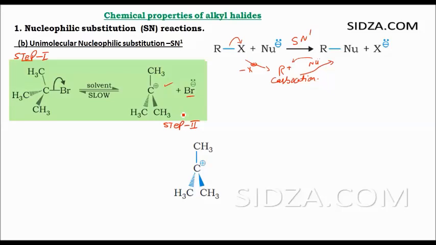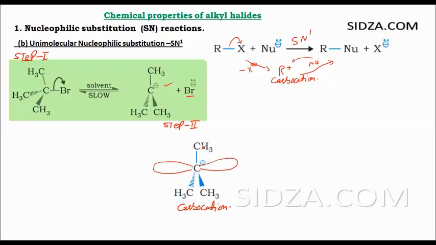But when you look at the carbocation, it has a hybridization of sp2, right? This carbocation, the intermediate here, has the hybridization of sp2. So that means one of the p orbitals remains unhybridized, and that is like this.